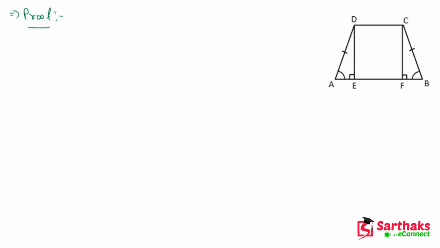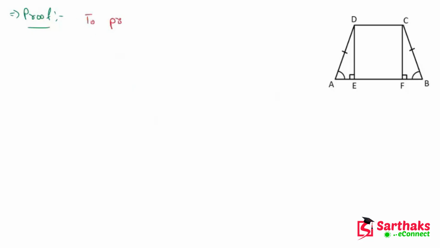To prove ABCD is a cyclic quadrilateral, first of all we have to prove that the sum of one pair of opposite angles is 180 degrees.